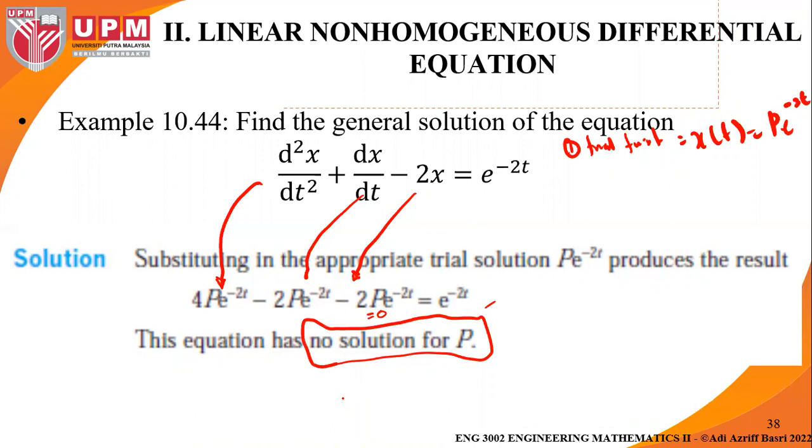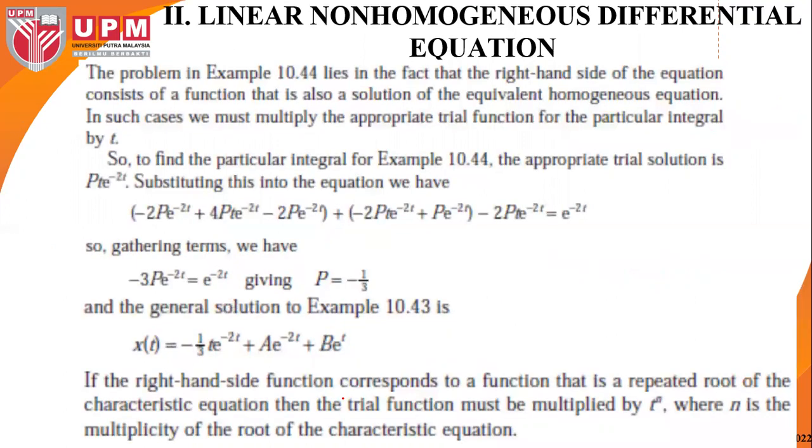You need to tweak the answer a little bit. How to do it: in this equation 10.44, it lies on the fact that the function on the right side of the equation is also a solution of the equivalent homogeneous equation. In such case, we must multiply the appropriate trial function, which is p e^(-2t) just now, with a t.